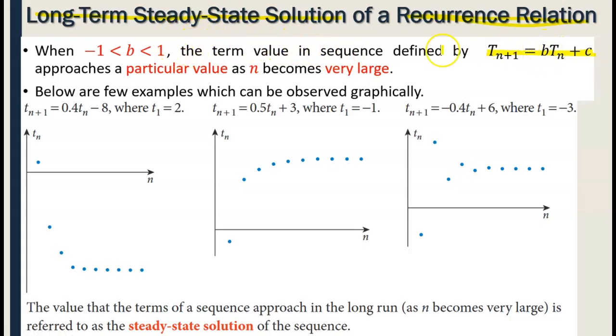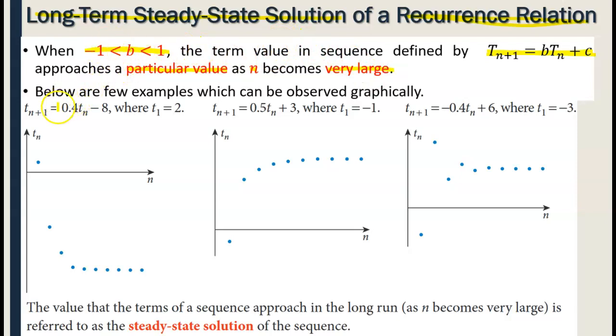When the p-value is in the range between -1 and 1. That means the term value will approach a constant value when n becomes very large.